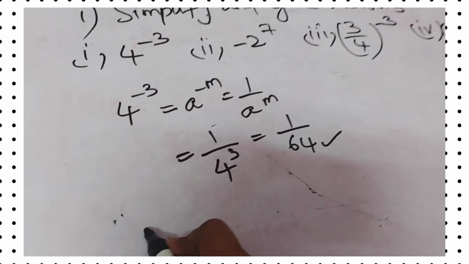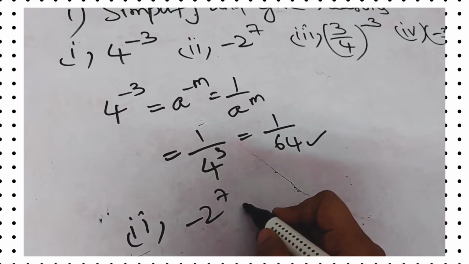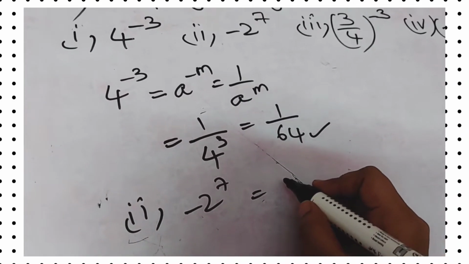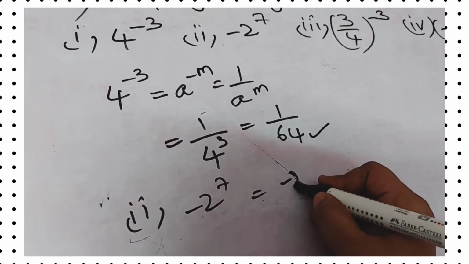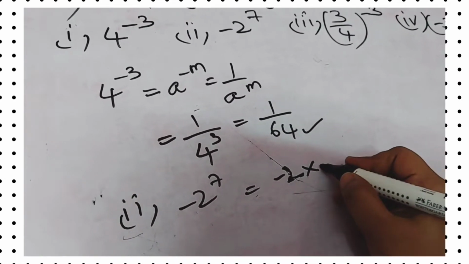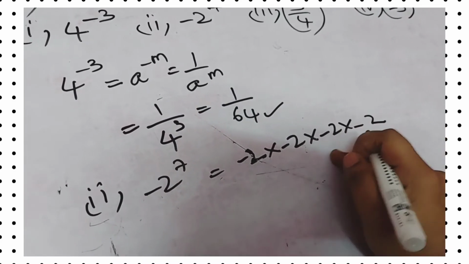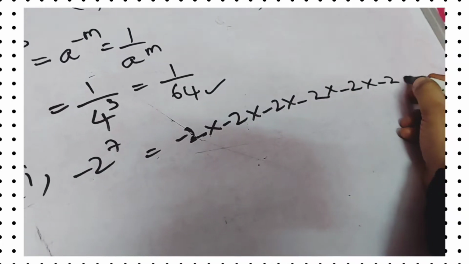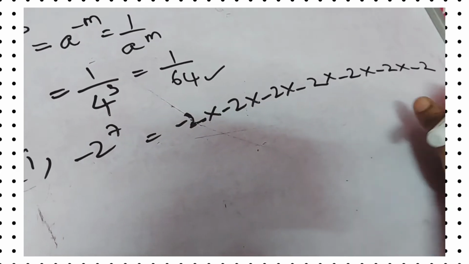So now second one. Second one is minus 2 to the power of 7. So now here what you have to do, minus 2 to the power of 7 means minus 2 into minus 2 into minus 2, 7 times: 1 2 3 4 5 6 7.